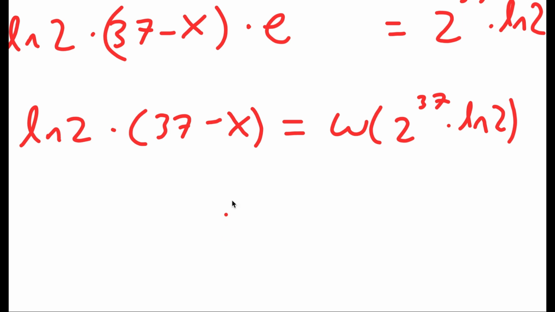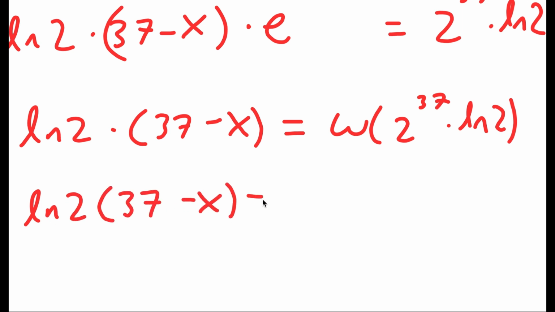Alright, so now from here, I'm going to rewrite 2 to the power of 37 over here as 2 to the power of 32 plus 5.